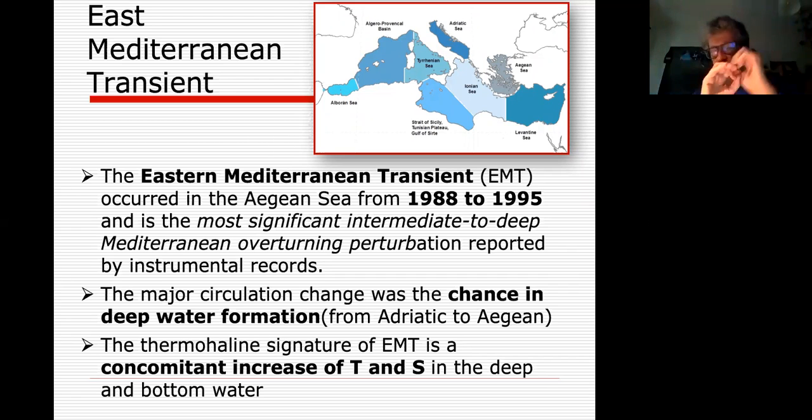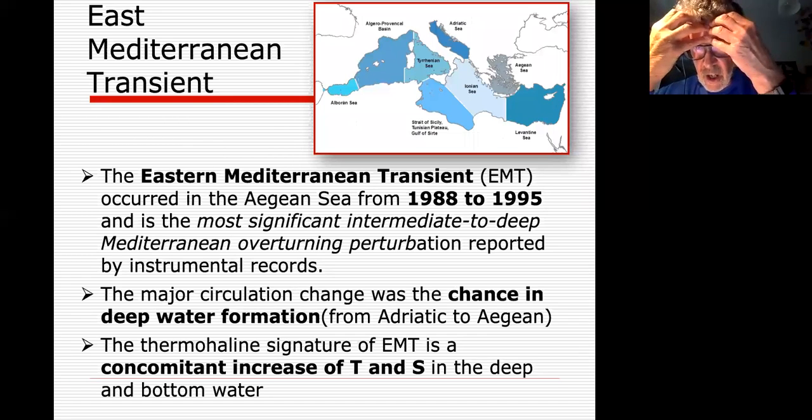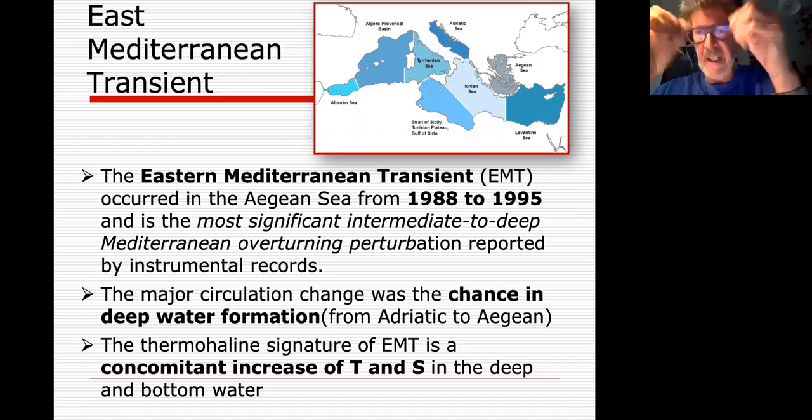It was quite clearly seen because of a concomitant increase of temperature and salinity. So the density was higher, but the salinity was also higher, and temperature was higher. So compared to the Adriatic, the characteristic of Aegean Sea water were very, very clearly seen.